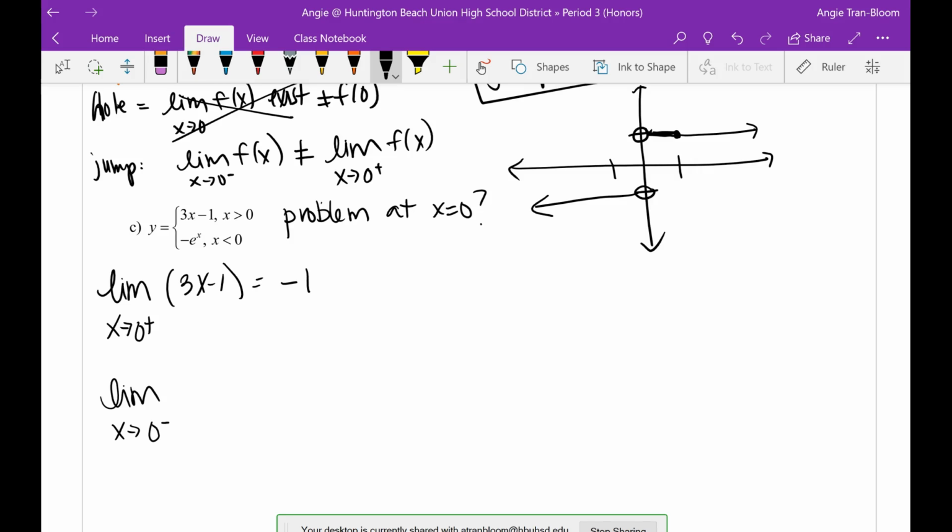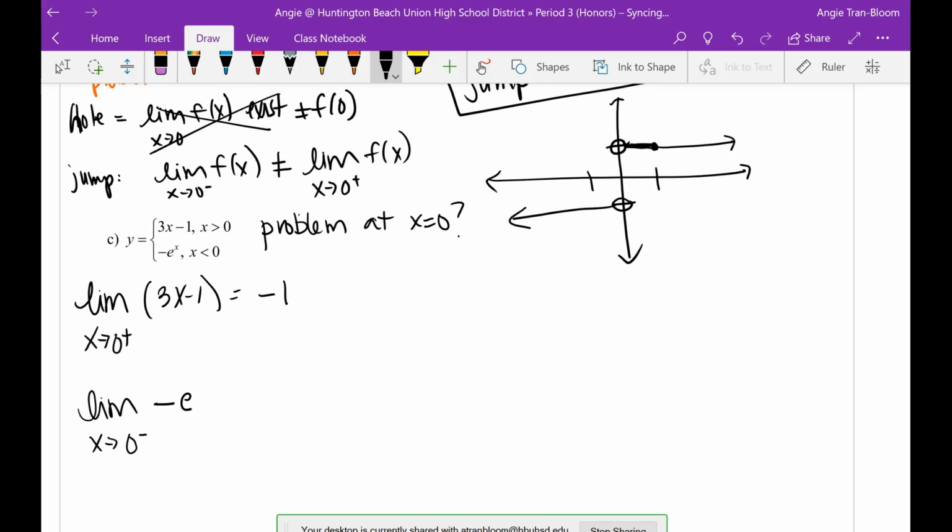Left-hand limit. Which piece should we use? Negative e to the x. Can I substitute? e to the 0 is? Times negative. Oh my. The limit exists. But so is it not discontinuous at all? Is it continuous then?